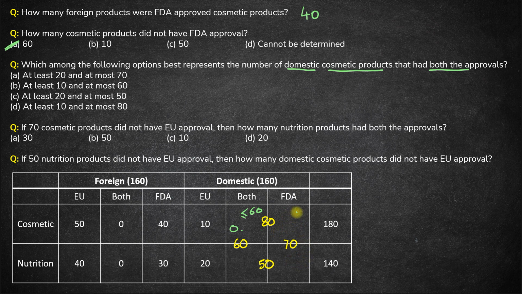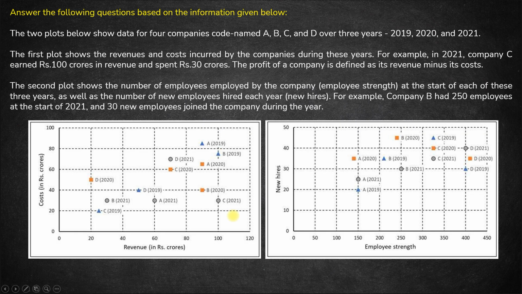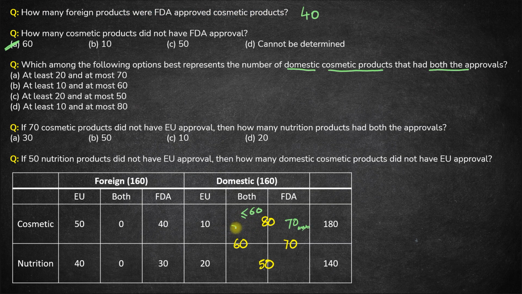So this block here can be maximum 70, hence this block has to be minimum 10. So the value here should be greater than or equal to 10. Then only you can have sum 80 possible. So the value of this block can be between 10 and 60, both included. Option B is the best possible answer here.